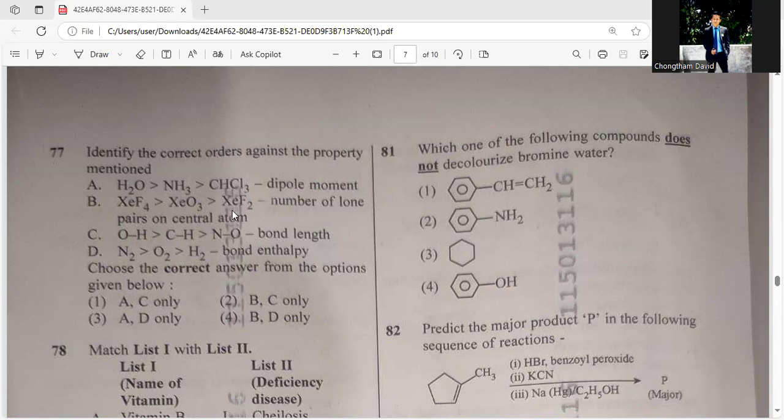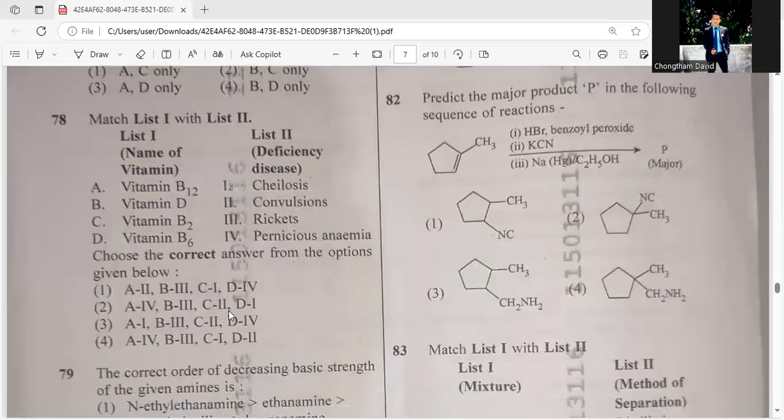A is correct. Then B, number of lone pairs on the central atom keeps on decreasing. This is also correct. Bond length. The bond length order is incorrect. D, correct. So you have only B and C correct. That means option 2.